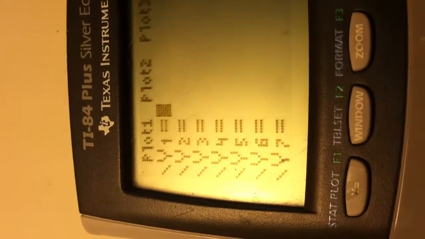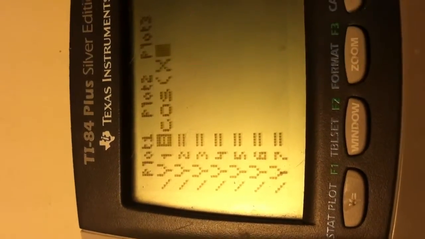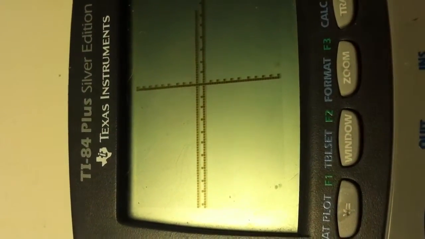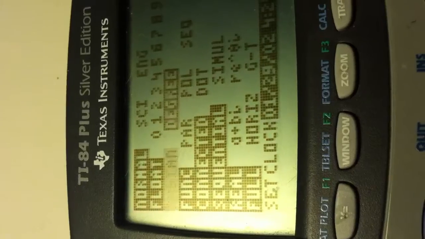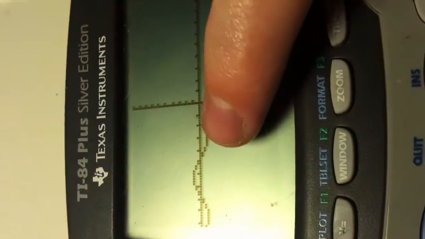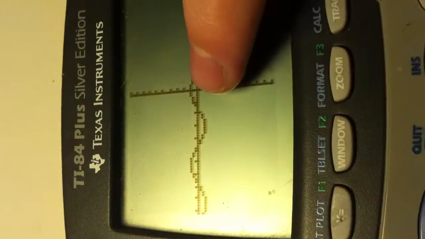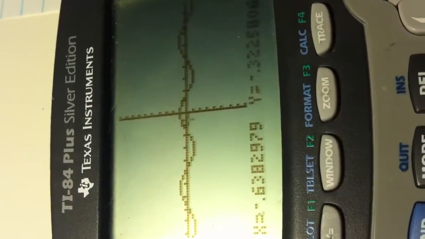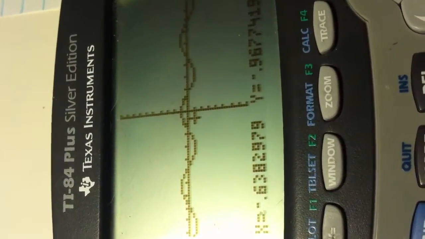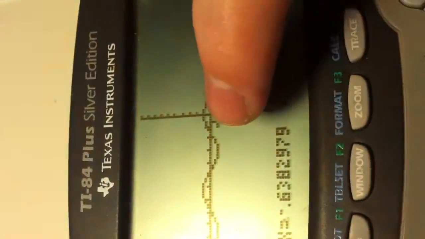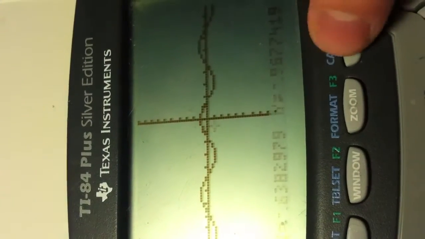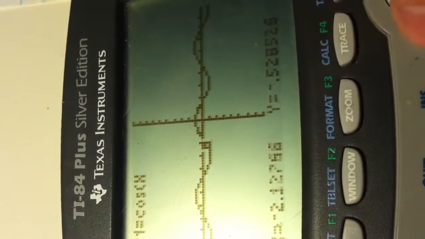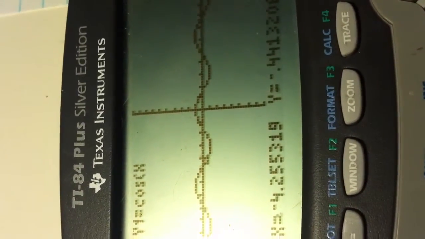But if we're given cosine of x, you can see that, let's say the critical value is whatever this is. Let's say it's just negative 1. It's not exactly that, but okay, so x equals negative 2, and then x equals negative 4.